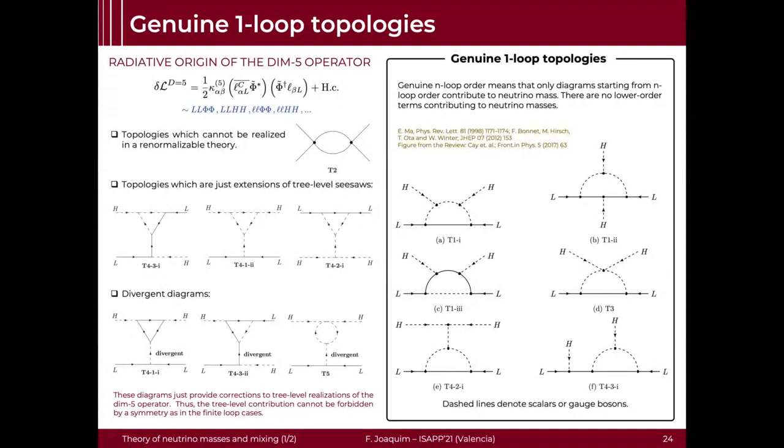Then you have divergent contributions, which again just give a correction to the tree level, because to cancel these divergences you need the counterterms, but the counterterms are already in the tree level couplings. So when you sum up, this will just be a correction to the tree level contribution. This means that you cannot forbid by a symmetry the tree level contributions in these non-genuine topologies.